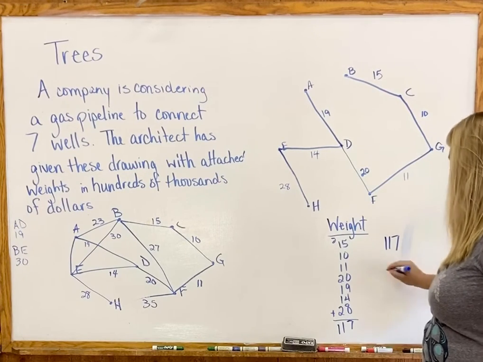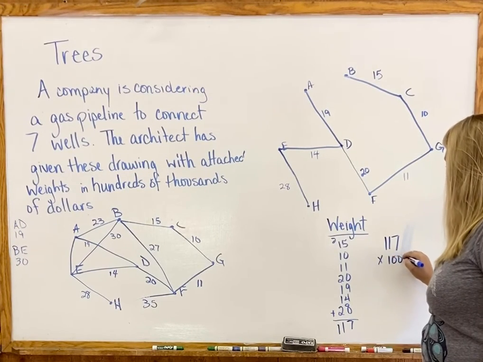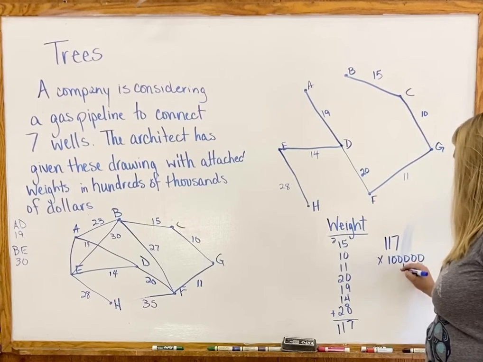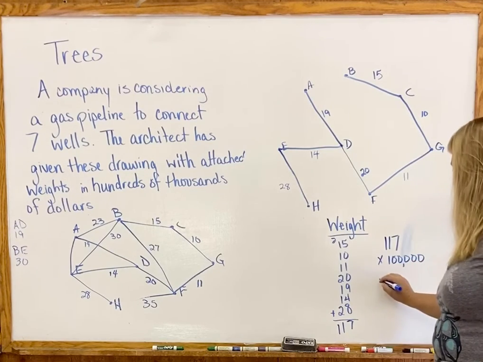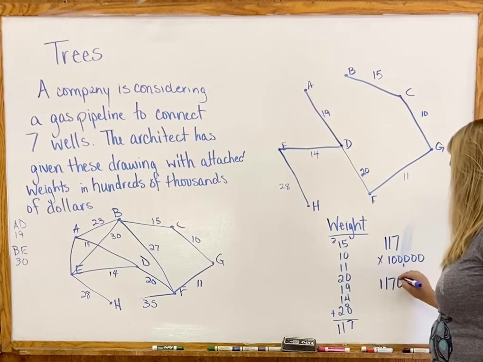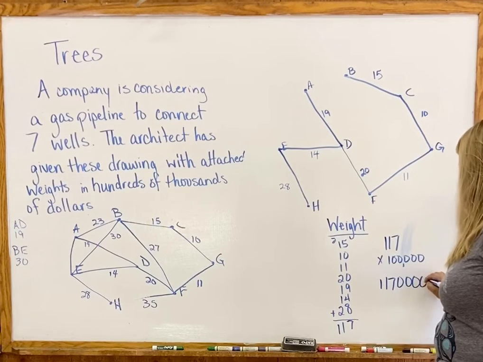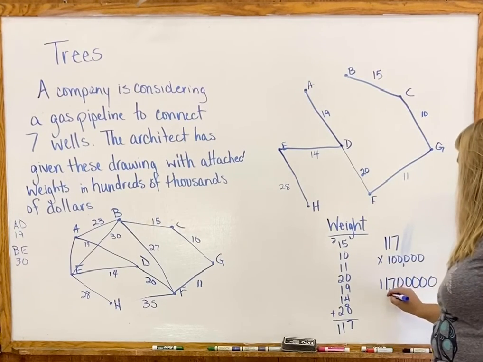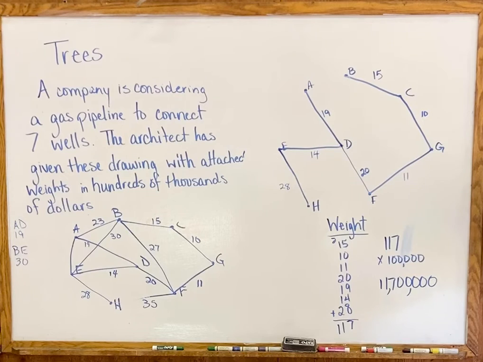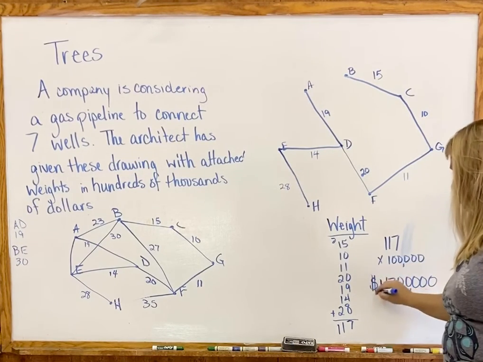So, sorry, times $100,000. So what this actually is 117 with 5 zeros. So this is the minimum spanning tree, and it's still going to cost them $11.7 million to put it in. Oops, make sure I put a label on there, dollars.